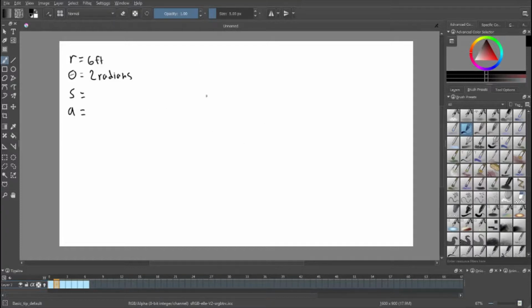Okay. So the next thing we're going to be talking about is arc length. So the radius is 6 feet and the angle is 2 radians. So the way I learned this is a whole circle.